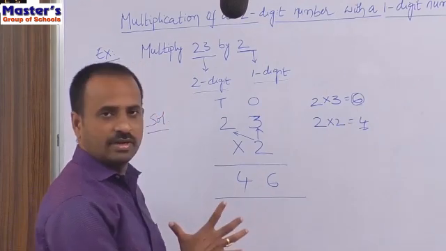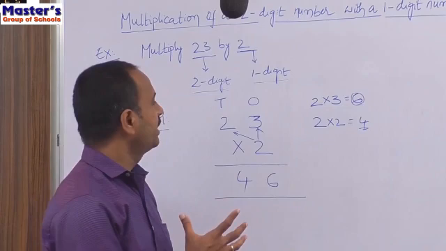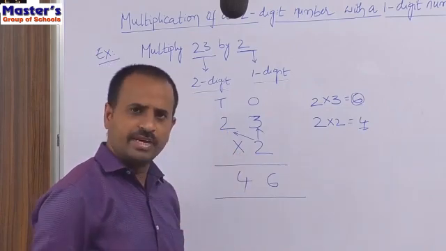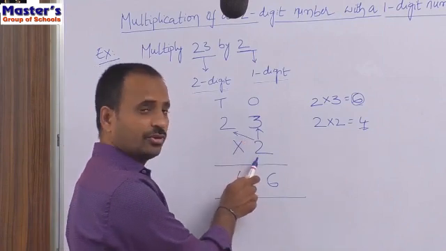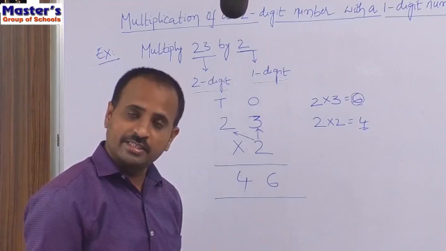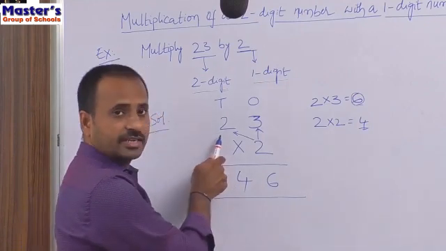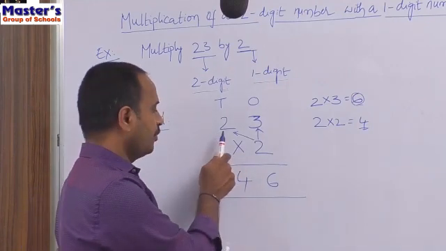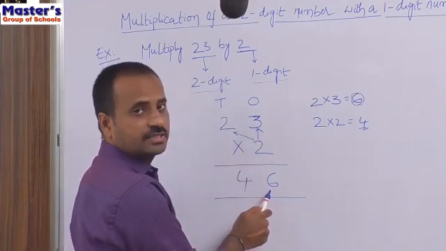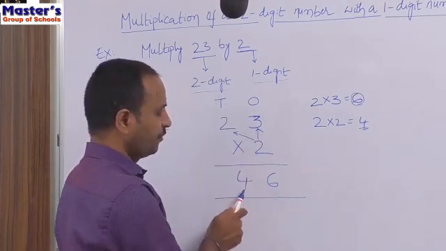Children, in this way we have to multiply a 2-digit number with a 1-digit number. First multiply the digit in the 1's place with 2 and write the product under 1's place. Next multiply the digit in the 10's place with 2 and write the product under 10's place. That is 2 threes are 6, 2 twos are 4.